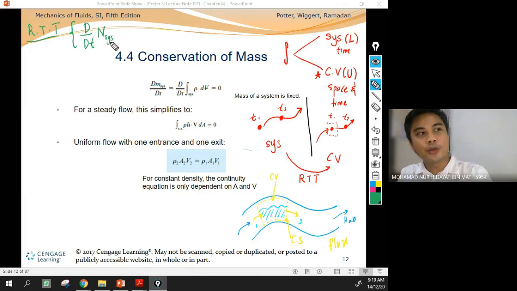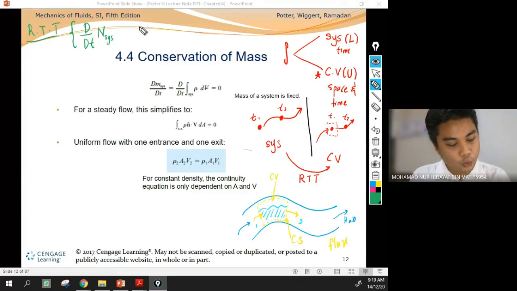Now we consider the property directly related to the mass, thank you, Zara. So this is the end of the system, for example momentum or mass. The total derivative over dt of the system is actually equal to the small d over dt, the rate of change of the control volume.